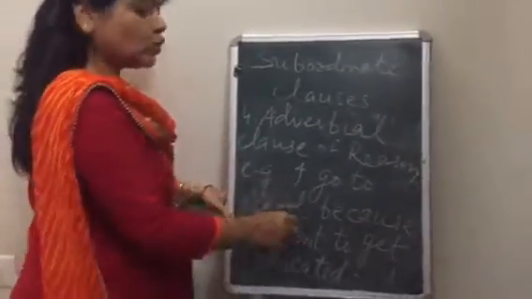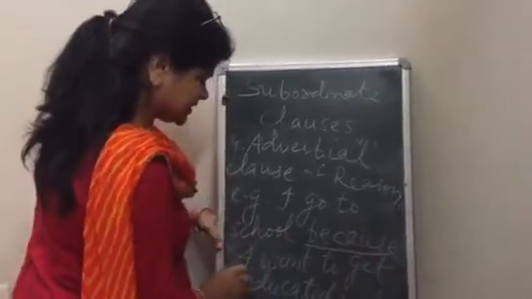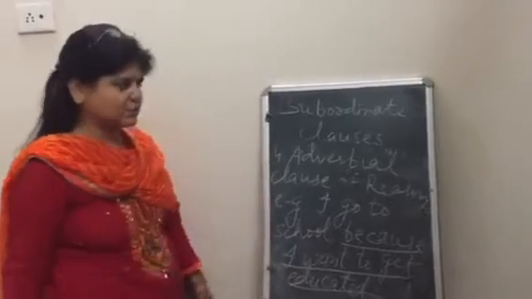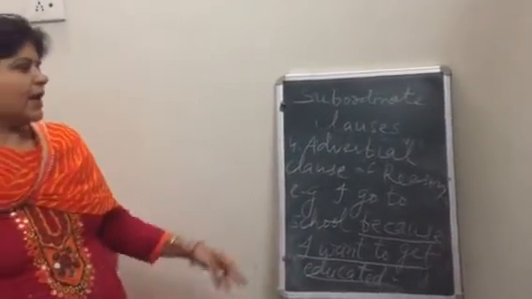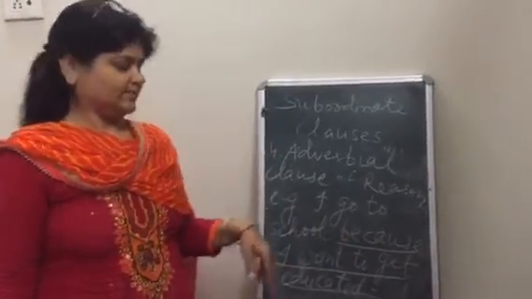I go to school. Why? Because I want to get educated. This clause is adverbial clause of reason. Reason is mentioned here and the adverbial connector because is used here.